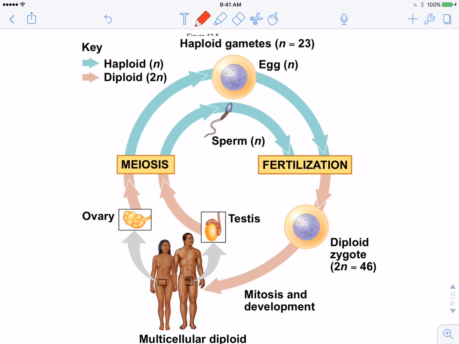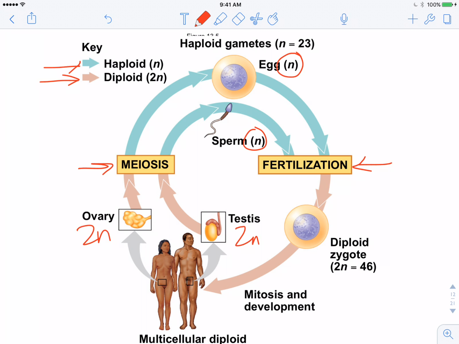Brown is diploid and green is haploid. So we have diploid cells in the ovary and the testes. They undergo meiosis, which reduces the number of chromosomes to a haploid number. And then you have haploid gametes, egg plus sperm.